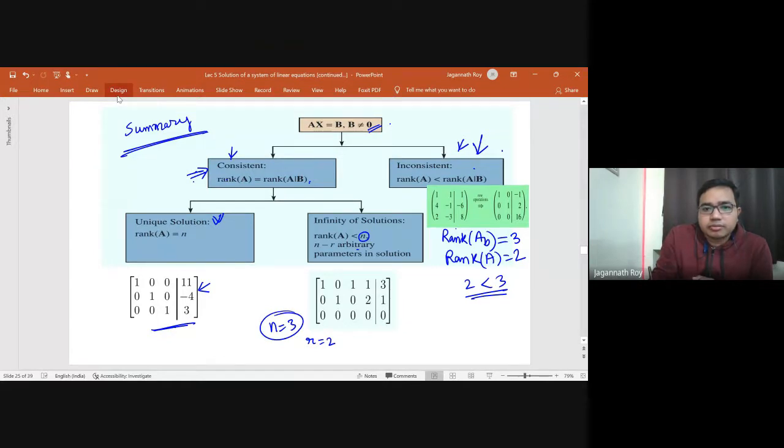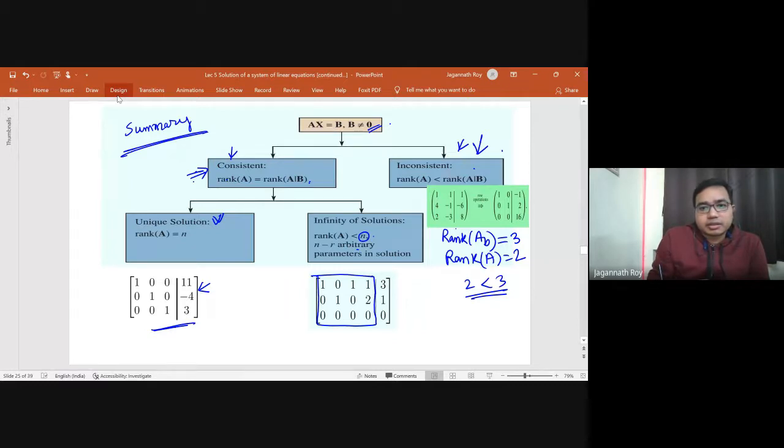The rank of matrix. Sorry, let me just rewrite. The rank of A is less than n. What is n? n is the number of variables. You can say this is the maximum infinite solution case.